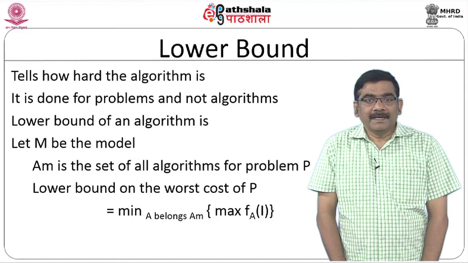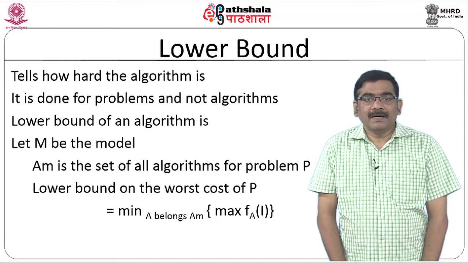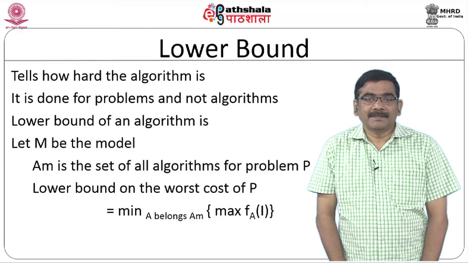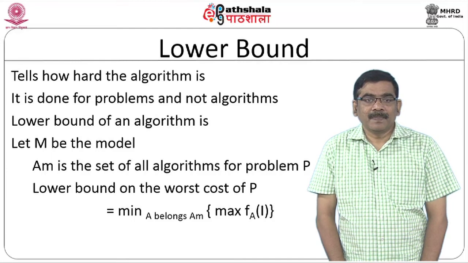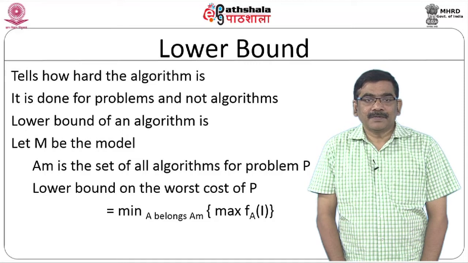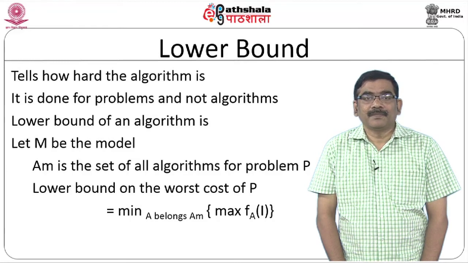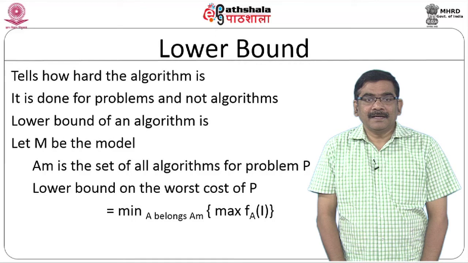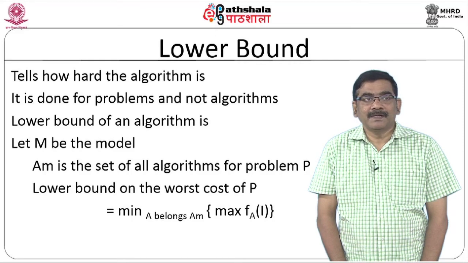Lower bound indicates how hard the problem is. In other words, how much maximum resource this problem would take to get solved. And as I said earlier, lower bound is for problems and not for algorithms.